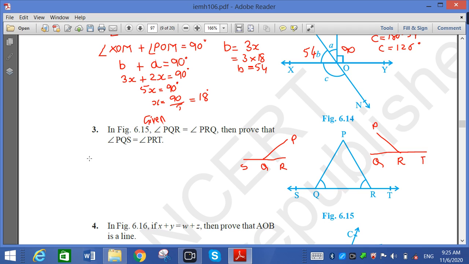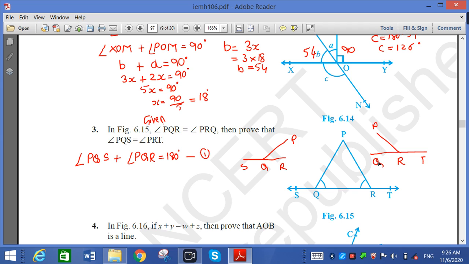So I will write these two linear pairs. Angle PQS plus angle PQR is equal to 180. That is equation number 1.